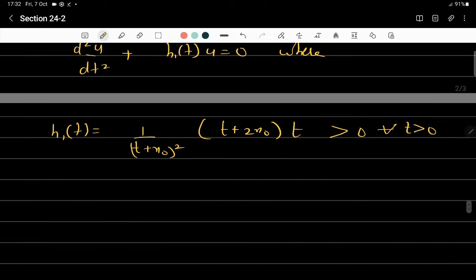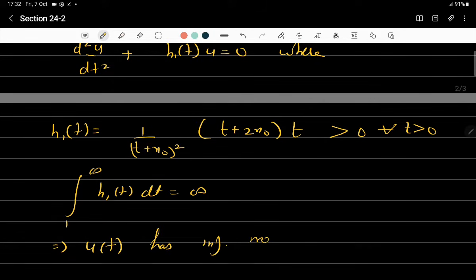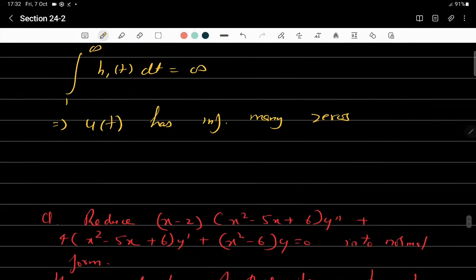Yes, and also h of x is same as h of t, therefore the integral from 1 to infinity of h1(t) dt is also infinite. Yes, it means that u of t has infinitely many zeros. Now what is the difference between the zeros of u of t and u of x?